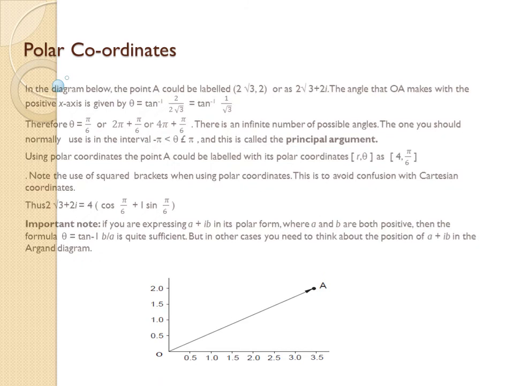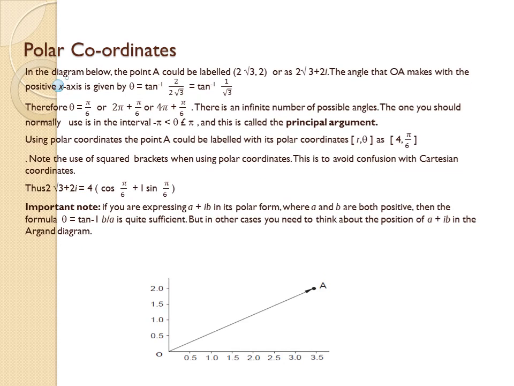Let's take some more examples. In the diagram below, let's say this is a point A. This point is on the x-axis at something around 3.5, and on the y-axis it is somewhere around 2.